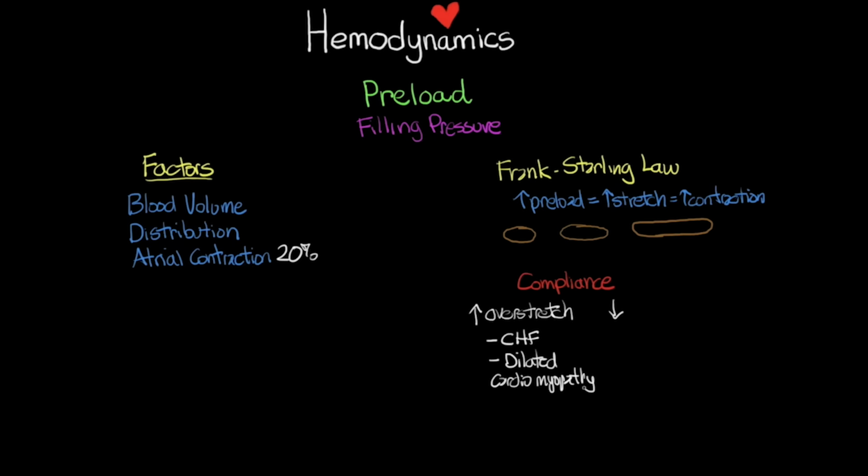So essentially the heart has too much compliance, it's able to stretch too much, and as a result, you're not able to get that forceful, strong contraction that you need. Now on the opposite end, a decrease in compliance is not going to be able to stretch or accommodate.